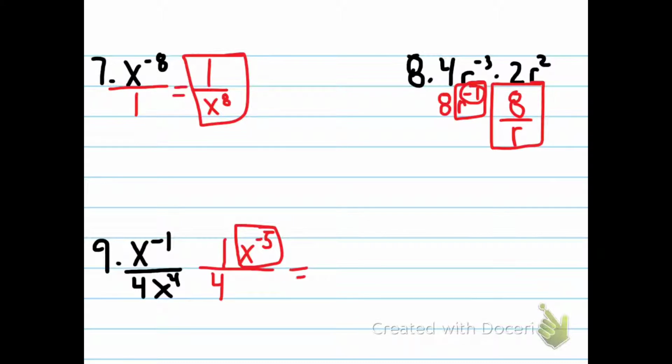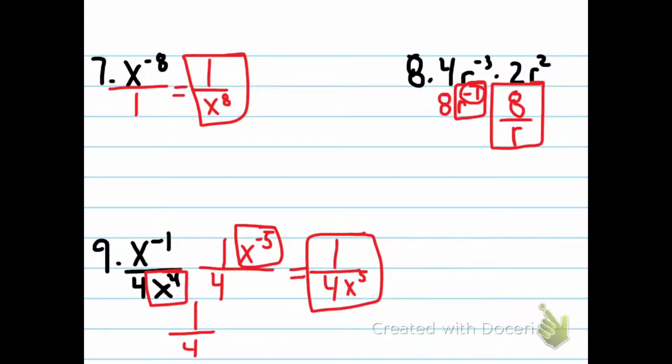So the final answer is 1 over 4x to the 5th. And remember, you also could have done it the other way, which is having your 1 over 4, and then, since you know that this side has more 4's, you can just put it right here. But either way, it's fine.